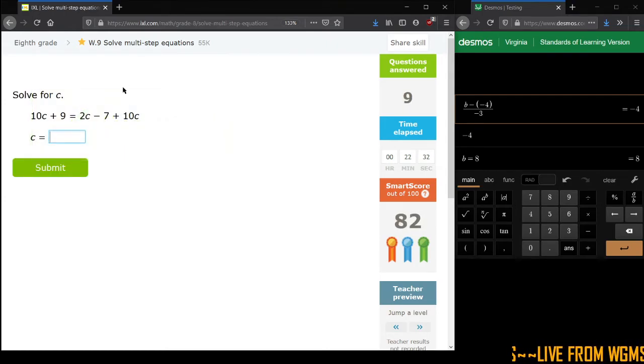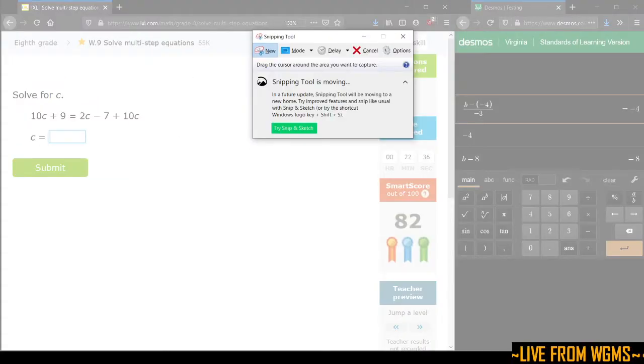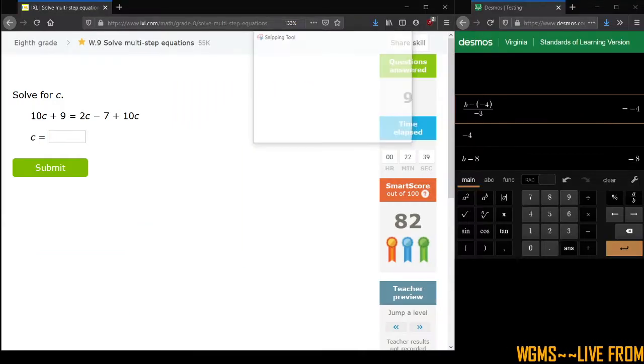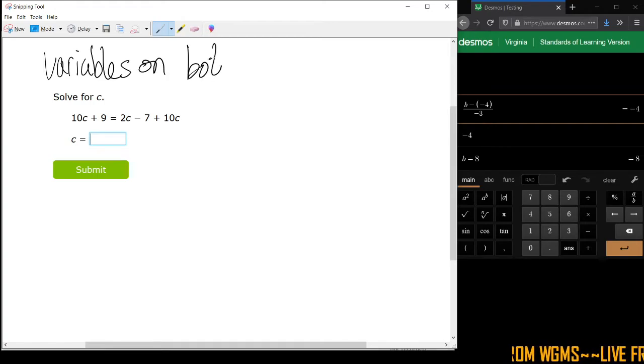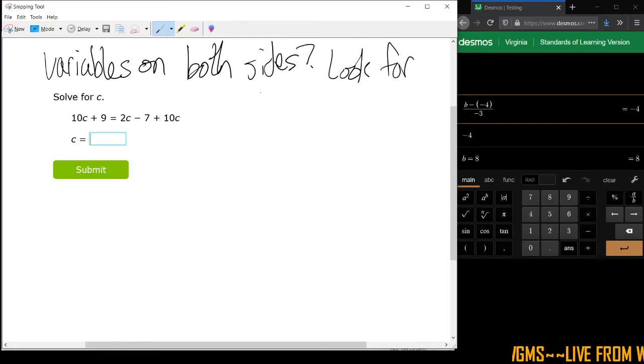Alright, so yes, finally have some variables on both sides. This is what I was trying to get to. So now, what happens when there are variables on both sides? Well, you want to look for the lowest coefficient.